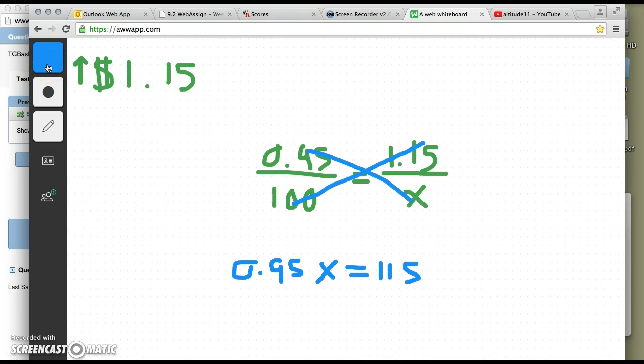So our next step then is going to be to solve for x. We would have to divide by 0.95. Divide this by 0.95.